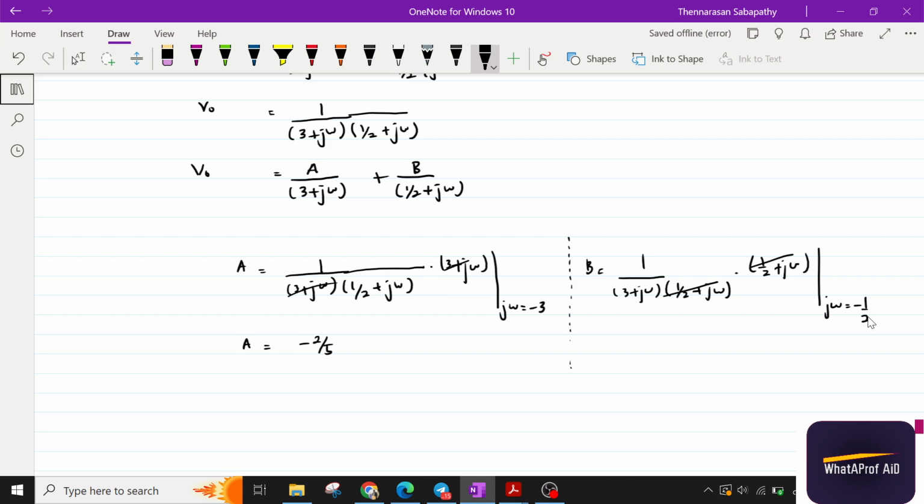So then you write back the equation: negative 2 over 5 over 3 plus j omega, plus 2 over 5 over half plus j omega.